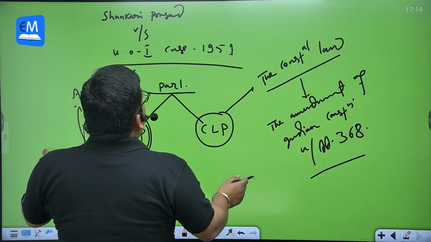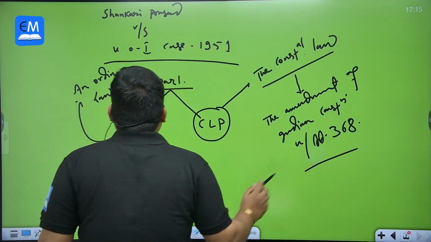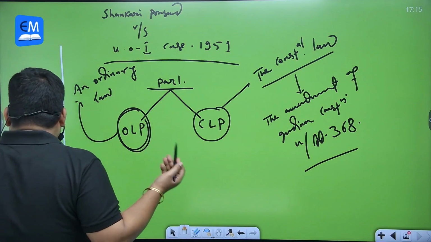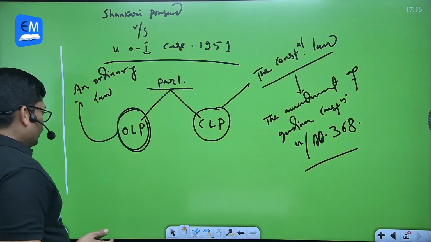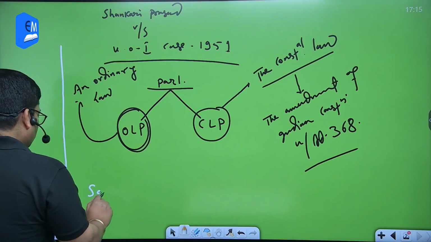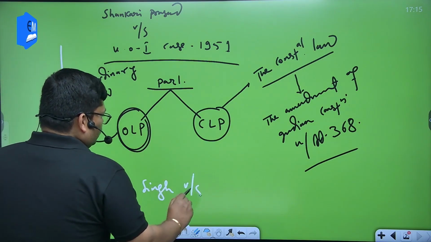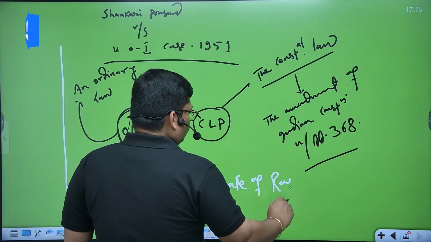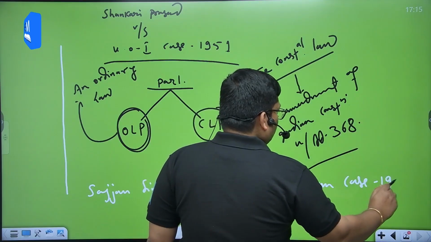So whatever the stand shown by the Parliament of India in the Shankari Prasad versus Union of India case in 1951 was consolidated till a very landmark case which was brought into the picture in 1965. The name of that case was Sajjan Singh versus State of Rajasthan case, 1965.